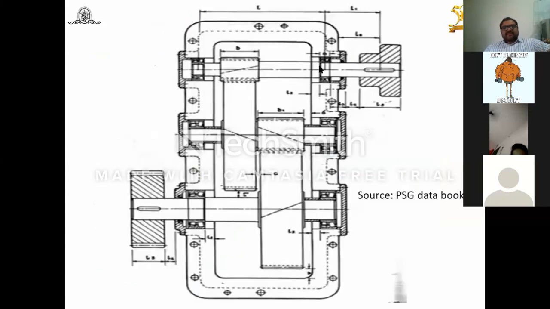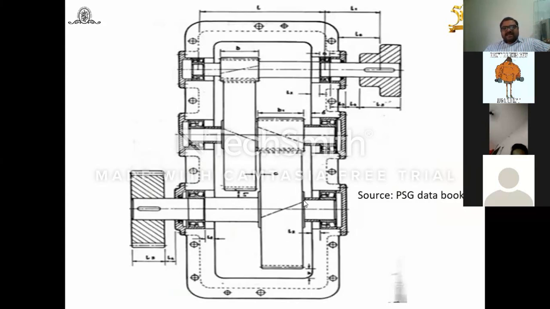Let us see. Now here I have taken this photo from the PSG data book also. Now in this case you will find input shaft and output shaft. The input shaft is given this small gear. Then again here this is one pair. This is the intermediate shaft. On the intermediate shaft this is another gear, and here on the intermediate shaft you will find two gears mounted. All these are helical. The representation itself indicates it's a left hand, it's a right hand, again left hand.